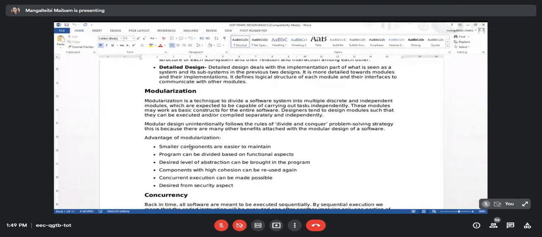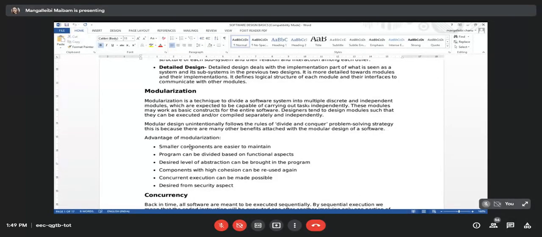If a person is doing a work single-handed, it may take a long time. So we are assigning our work to different persons so that each person can do their own work, complete it, finish it, and finally integrate it and finish the job. The same concept we are doing in modularization.